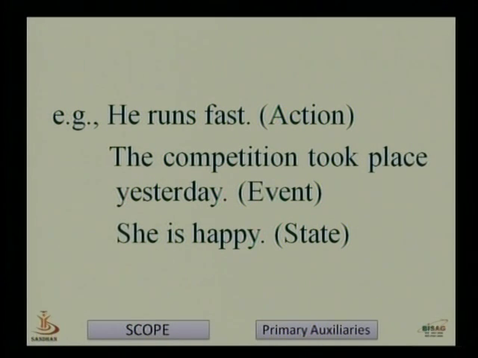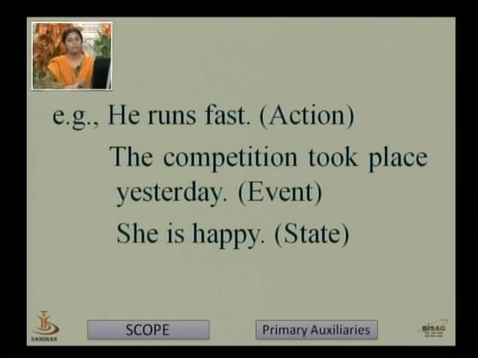For example, as you can read on the PPT, he runs fast. Here the word run denotes an action. The second example is, the competition took place yesterday. Here took place, or say took, is a verb that shows an event. And the last example that you can read on the PPT is, she is happy.